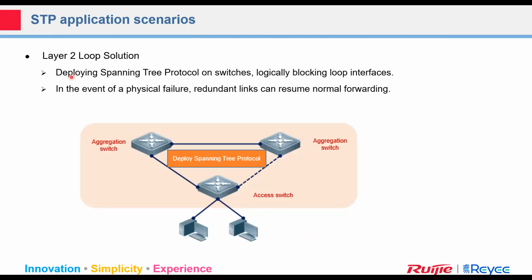As a solution, we can deploy spanning tree protocol on switches, which logically blocks the loop interface. So in the event of a physical failure, the redundant link can resume forwarding the packets.